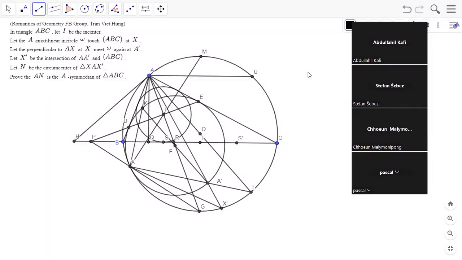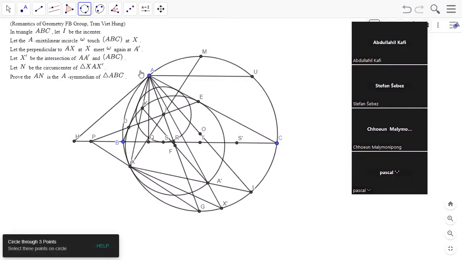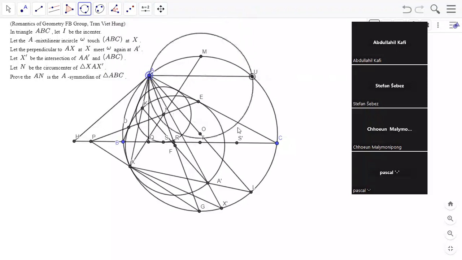We would need to show that A, U, S prime, and the image of X prime are cyclic. So we can just intersect the circle AUS prime with BC. That is obvious.